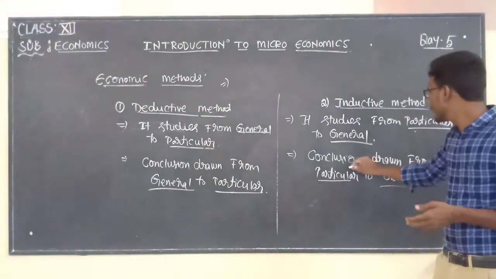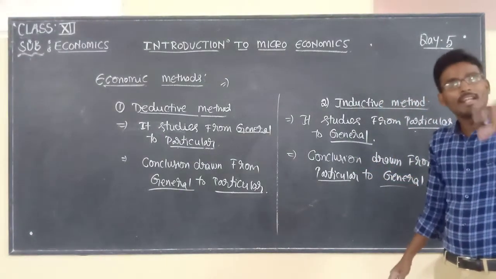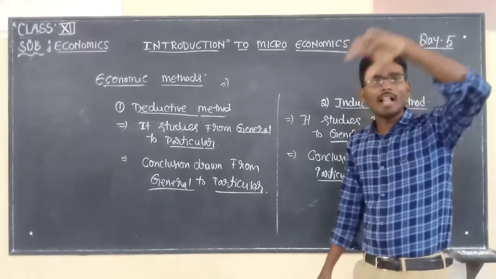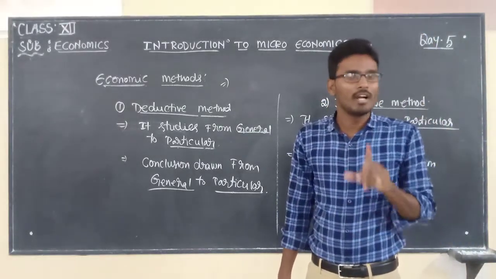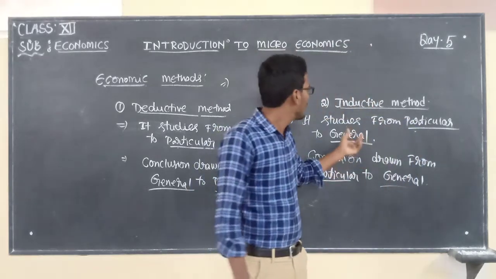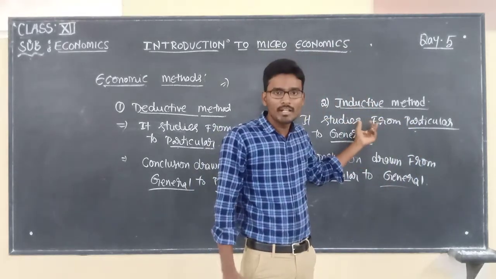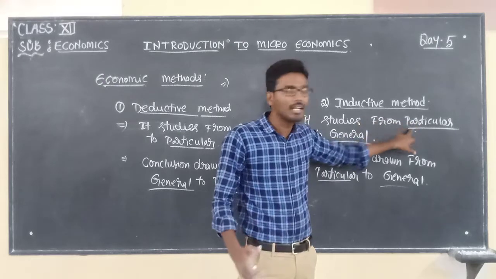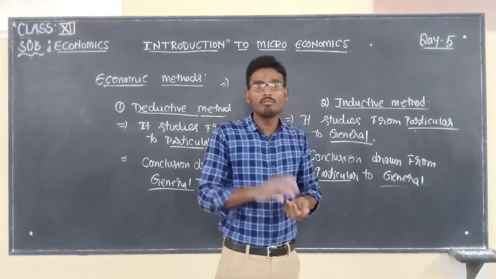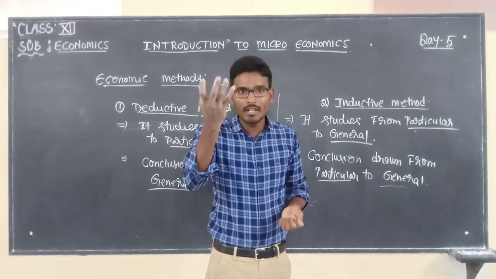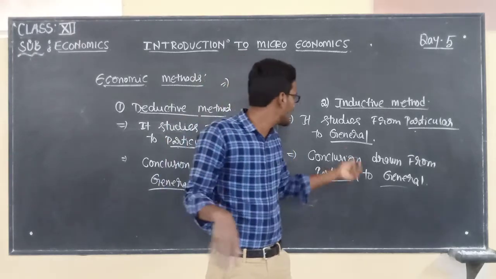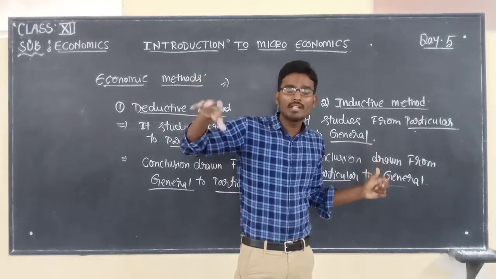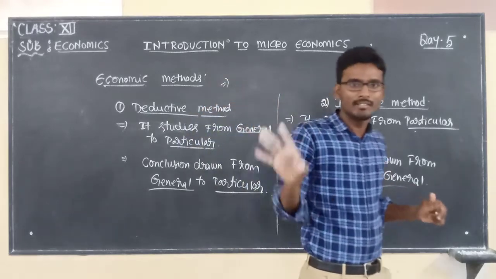So here the conclusion is drawn from the particular. Finally, what is the conclusion here? All the apples from the tree will fall down on the earth only. I hope you are very clear, right? In the inductive method, we start our discussion from particular to general. He observed one apple that fell down from the tree on the earth. Then what is the general concept here? All the apples from the tree will fall down on the earth itself.